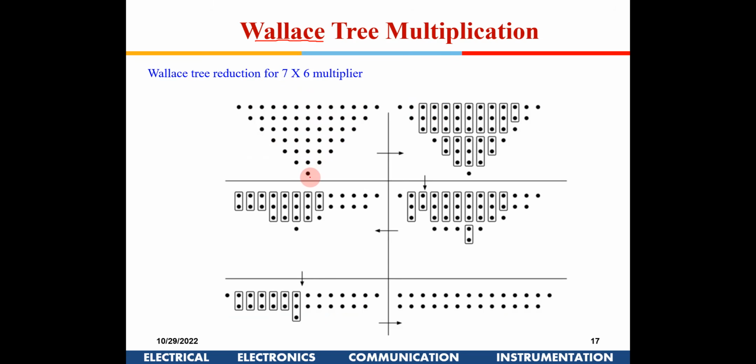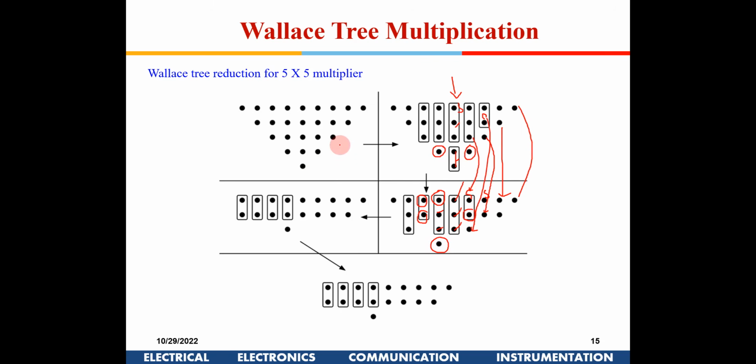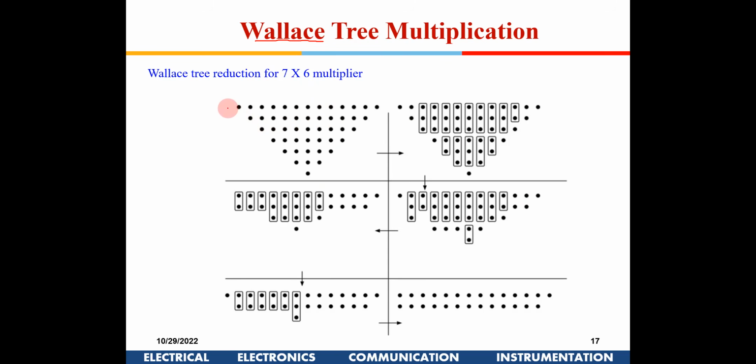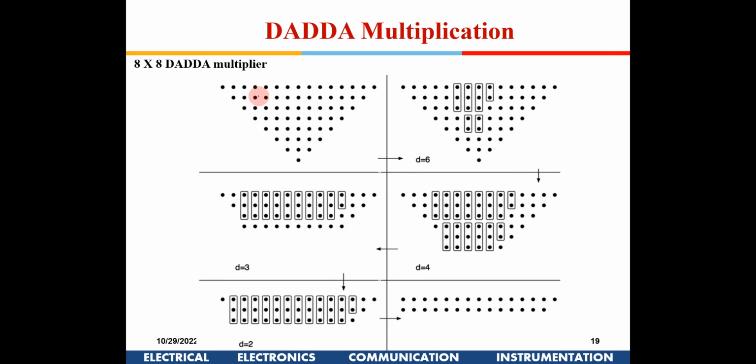We make the basic Wallace tree, where the maximum column height available is 1, 2, 3, 4, 5, 6, 7, 8. So I have to compress this.